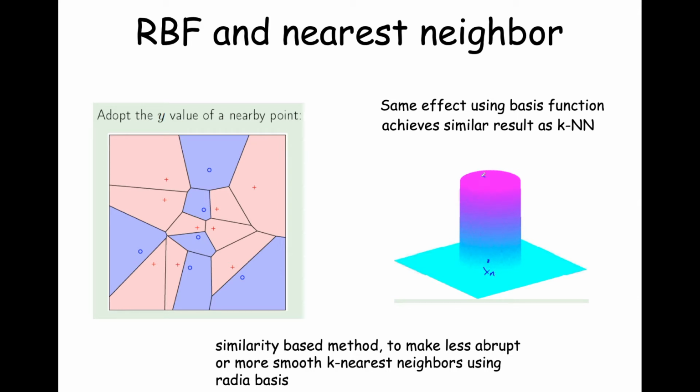And then radially outward, it's the same distance where this influence is defined. And then once you get to that distance, it drops off to 0. And if you were to use this other basis function, to do a nearest neighbor type classification scheme, you would get the same effect as k-nearest neighbor.